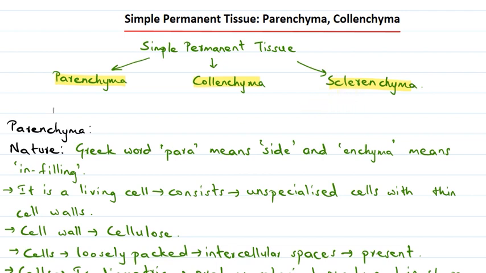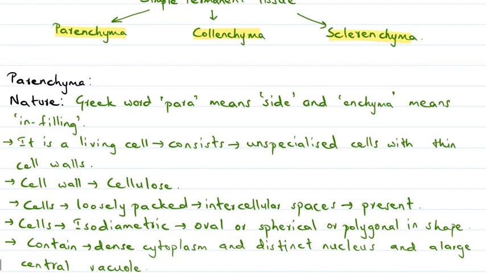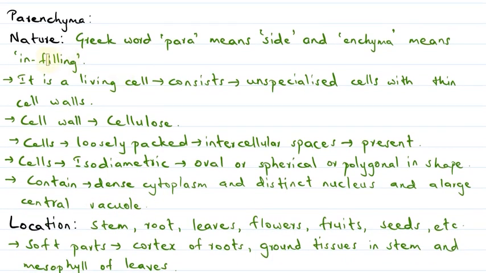So we begin with the parenchyma tissue. So first we studied about the nature. The parenchyma is derived from a Greek word where para means beside and enchyma means infilling. So parenchyma is the precursor of all other tissues.